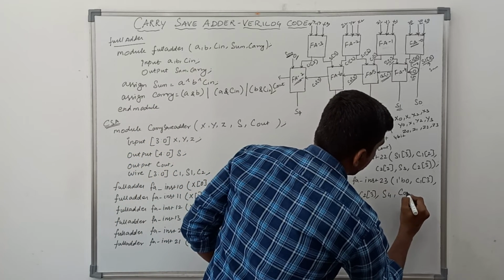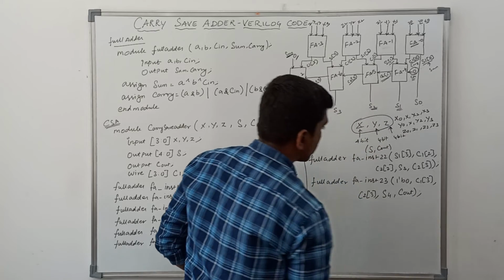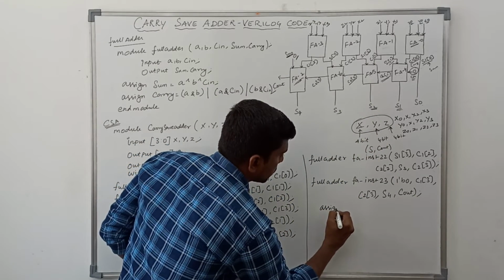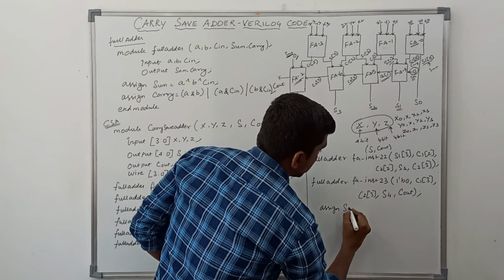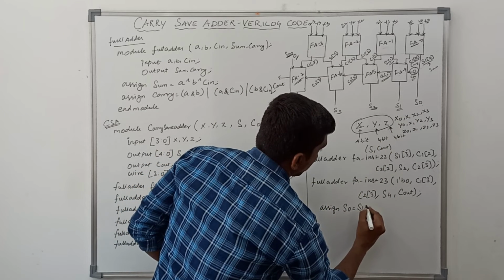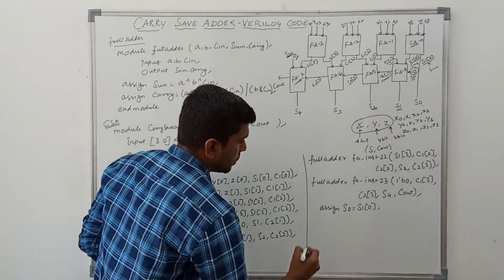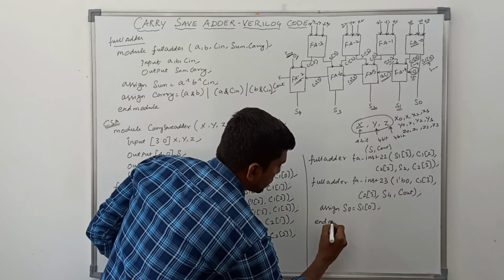So S4 comma C out. Then assign this S0 equal to S1 of 0. Then end module.